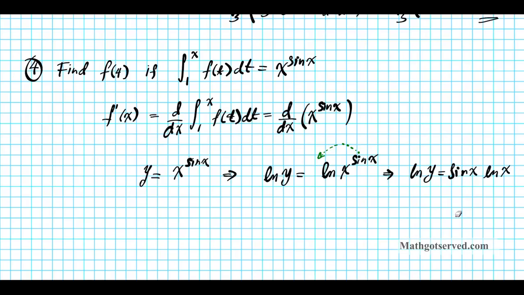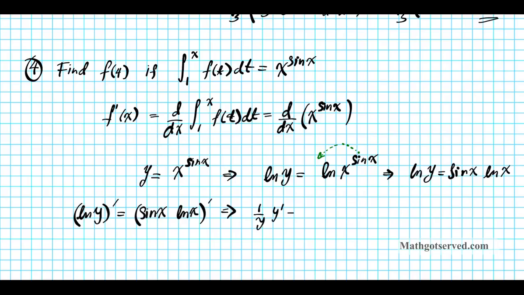Now we're going to differentiate both sides of the equation. So let's rewrite it again: ln y prime equals sine x ln x prime. On the left side, using implicit differentiation, the derivative of ln y is 1 over y times y prime.